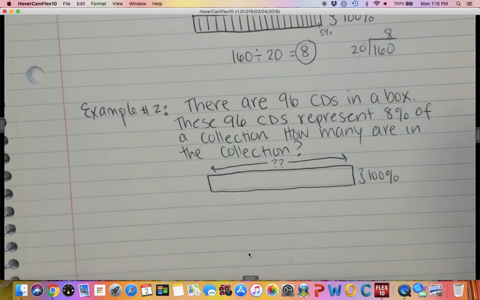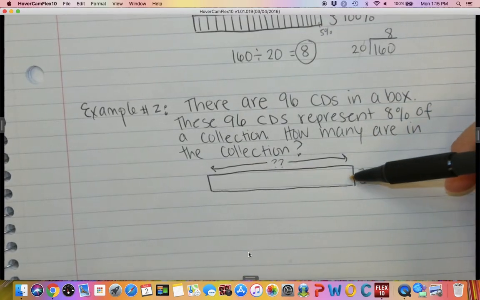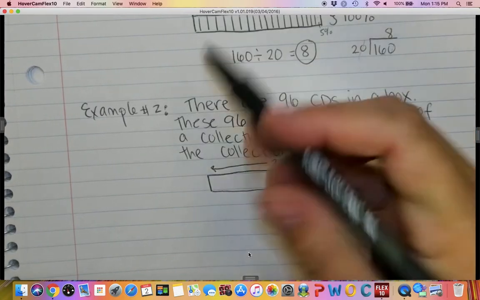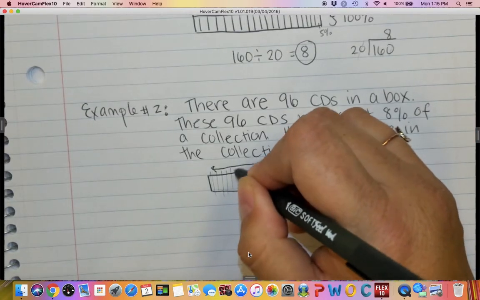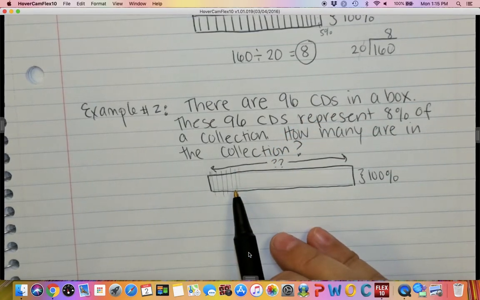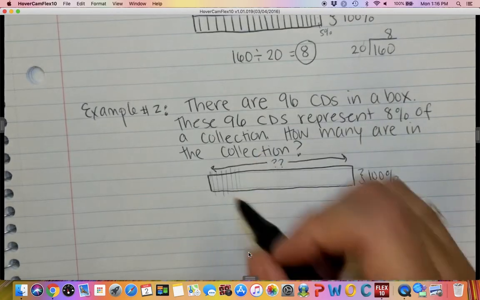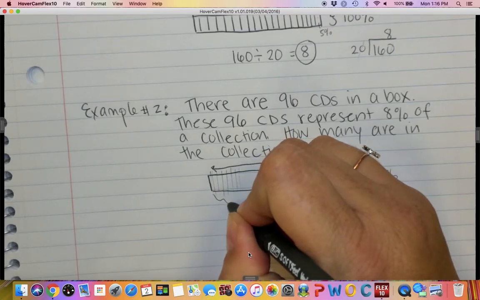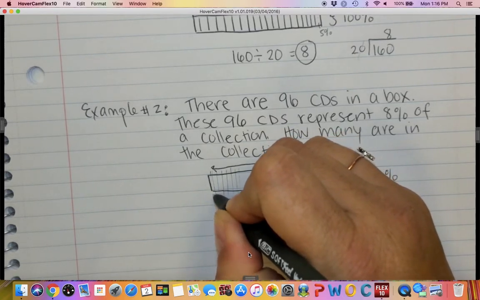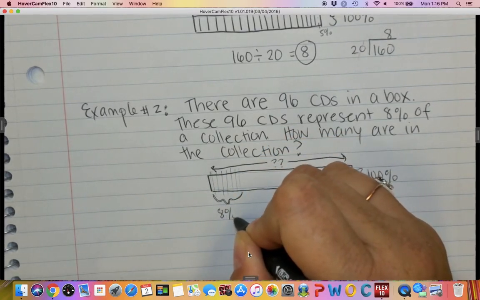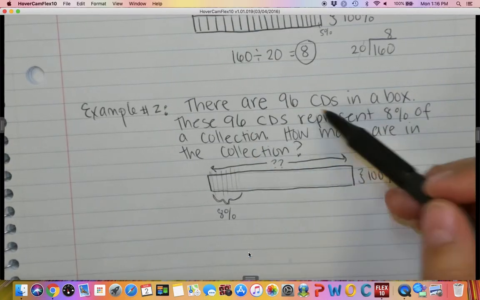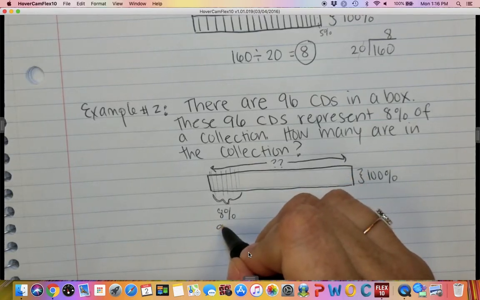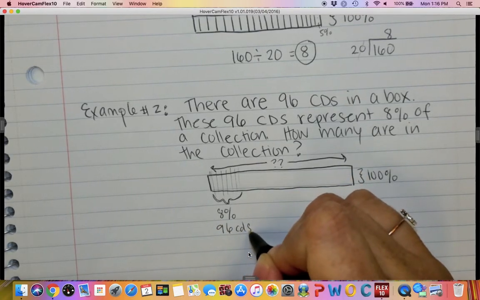So I'm going to pretend that I'm making 100 little boxes. They would be smaller than this. And I'm going to take eight of those for 8%. And I know that those 8% equal 96 CDs.